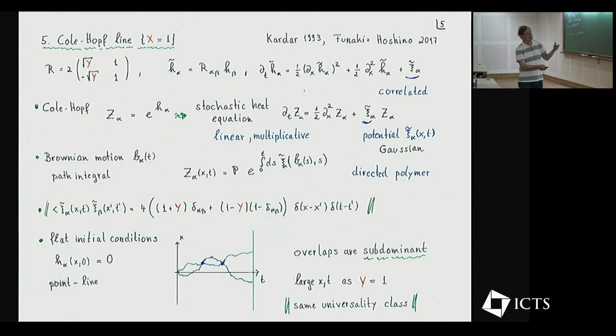But you look at these polymers, and at least heuristically, maybe one can even do a proof, these events are rather seldom. They don't happen too often, and so they will be subdominant. And so in the long time limit, this will just converge to two independent KPZ equations. Okay. All right.